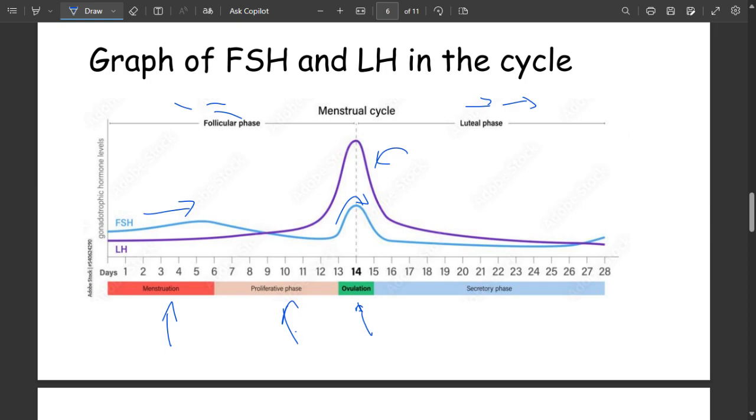Then after ovulation occurs, you have the secretory phase, and in this phase, the uterus is succulent. What we mean by succulent is that the glands are filled with glycoproteins. The cells are enriched, so to say, they are ready for implantation to occur and to support this pregnancy, if ovulation occurs, that is.